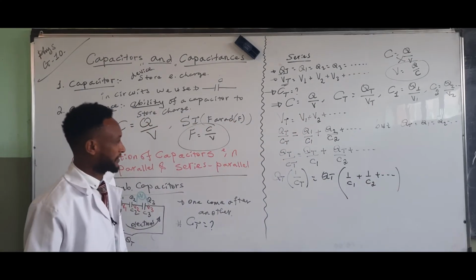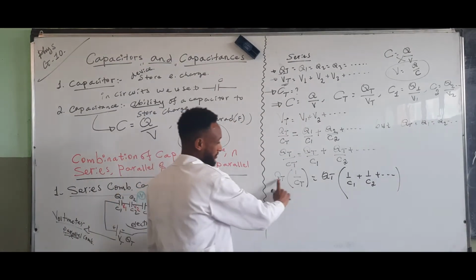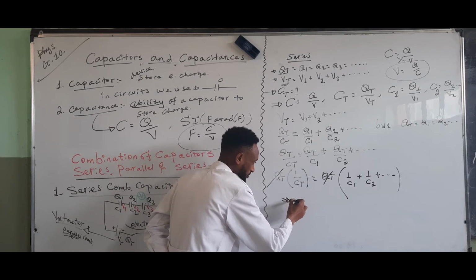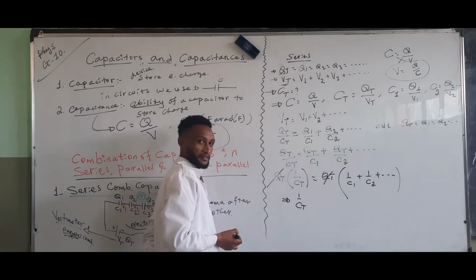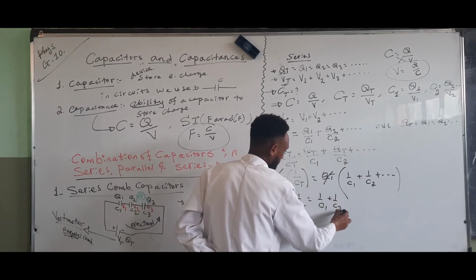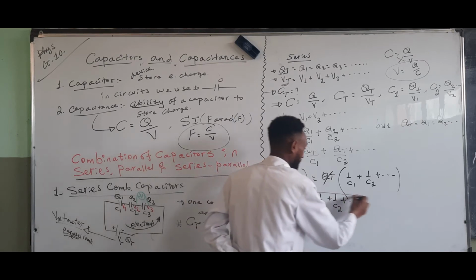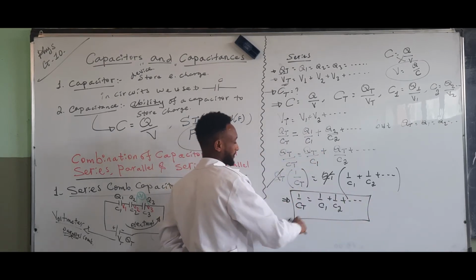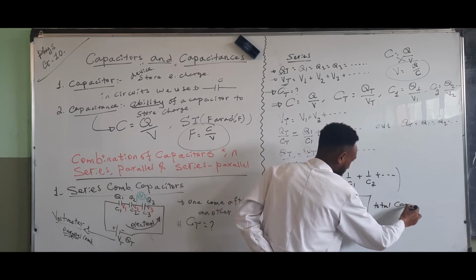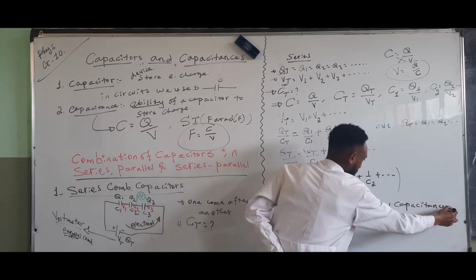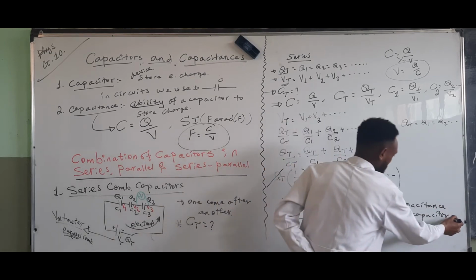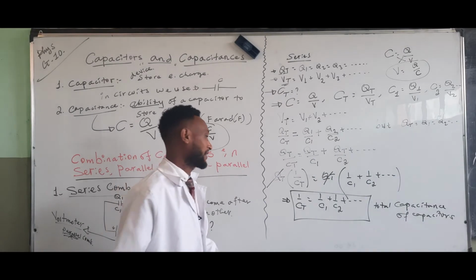Then the total charge on both sides cancels, and the value is 1 over the total capacitance equals 1 over capacitance 1 plus 1 over capacitance 2 plus up to the nth capacitor. This is the total or equivalent capacitance of capacitors when two or more capacitors are combined in series.